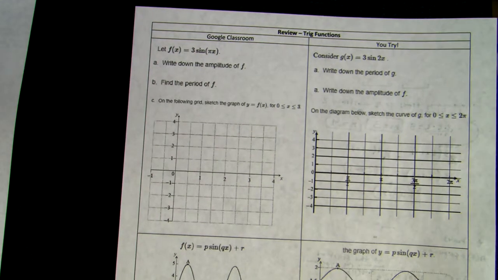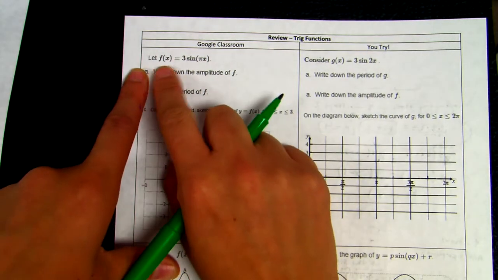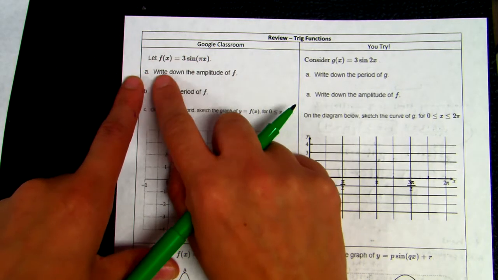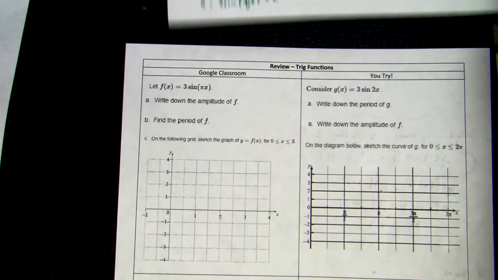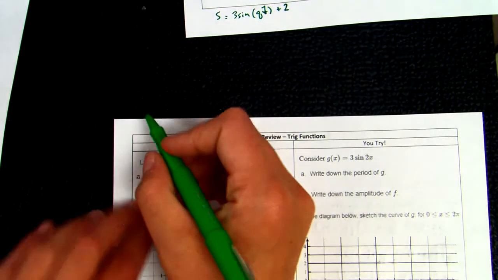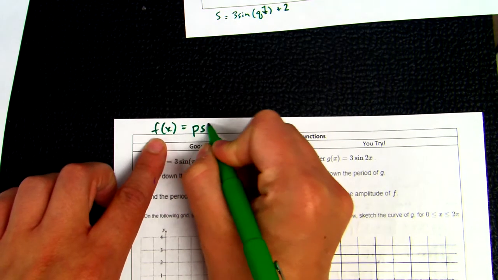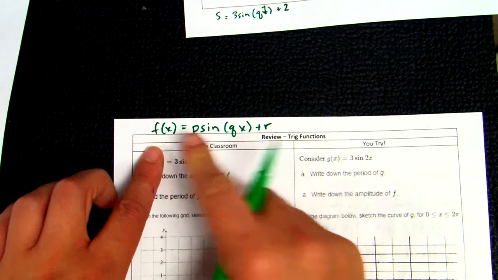So first thing we want to look at is some transformations. Let f of x is equal to 3 sine pi x. Write down the amplitude of f. Well, this actually has to do with our transformations. If you'll remember, our transformations look something like this, and we'll keep the same letters that they do, q x plus r.